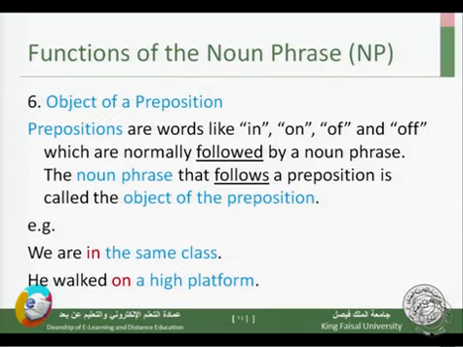Okay, so these words are followed normally by a noun phrase, and the noun phrase that follows a preposition is called the object of the preposition. Okay, so the noun phrase is the form, object of the preposition is the function. So if a noun phrase comes after the preposition, it serves the function of the object of the preposition.